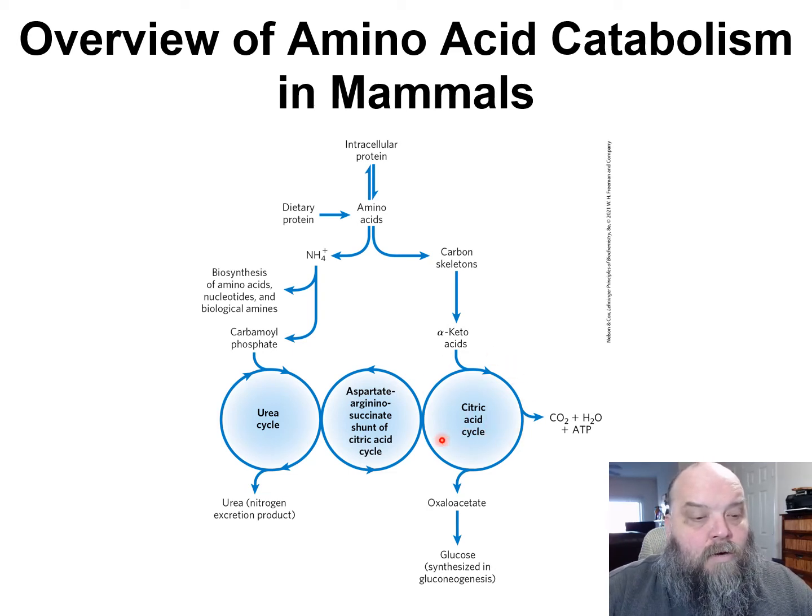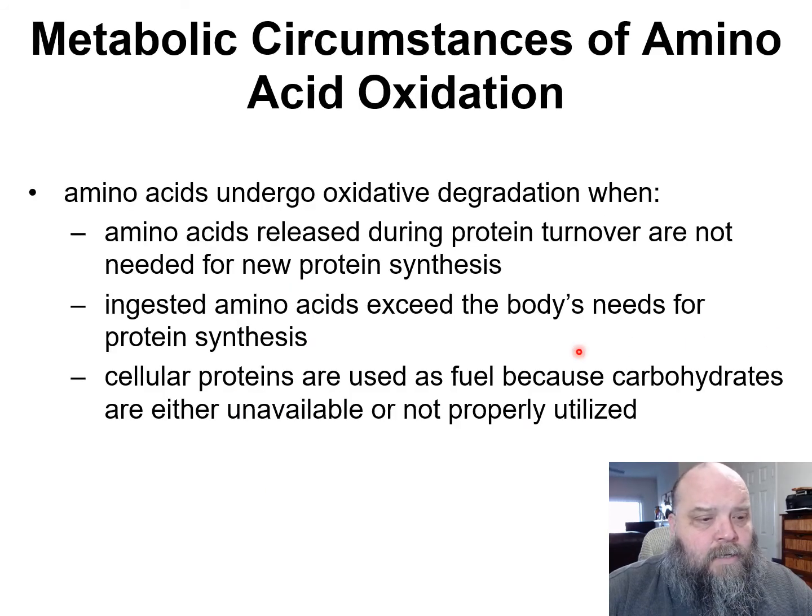So the intermediate steps of the citric acid cycle can be taken out, modified to become other things. Those other things can then be deaminated and utilized back into the citric acid cycle, or those other things can be deaminated and repackaged, repurposed to become fatty acids.